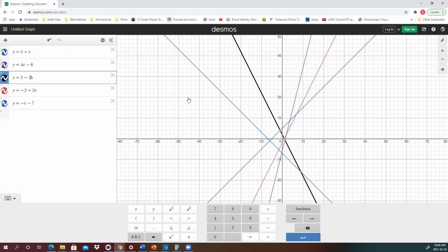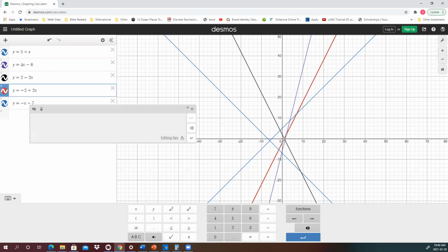For number 5, the last one, which was -2 plus 2x, which is this one. That's a red line now that you're looking at. So if we can see where the line cuts the y-axis. Looks like 1. Let me enlarge it a little for you.